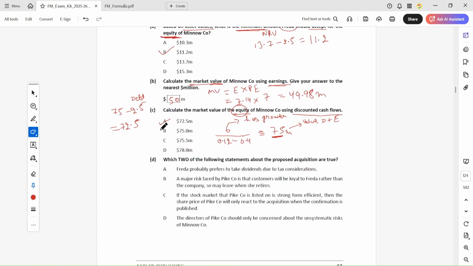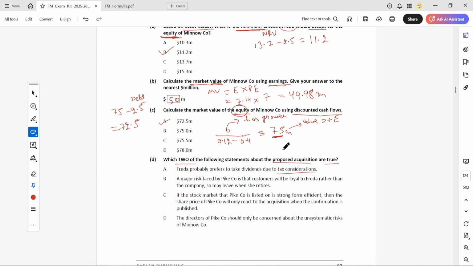Next, which two of the following statements about the proposed acquisition are true? Freda probably prefers to take dividend due to tax consideration. Yes.